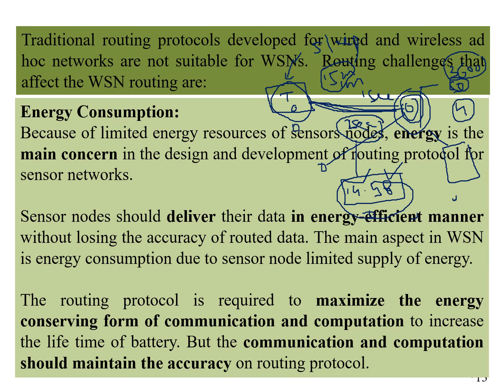So I want to explain that in wireless sensor networks, there are some nodes that need less energy and there are some nodes that have more energy.